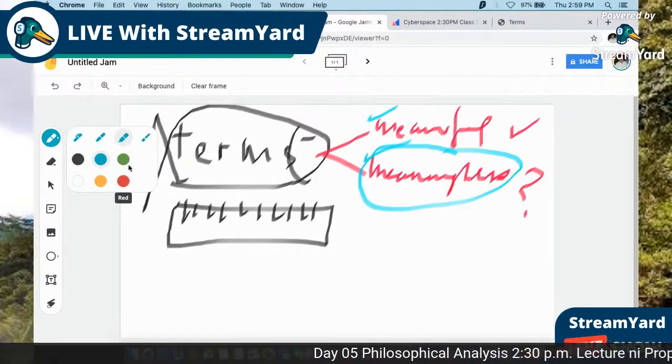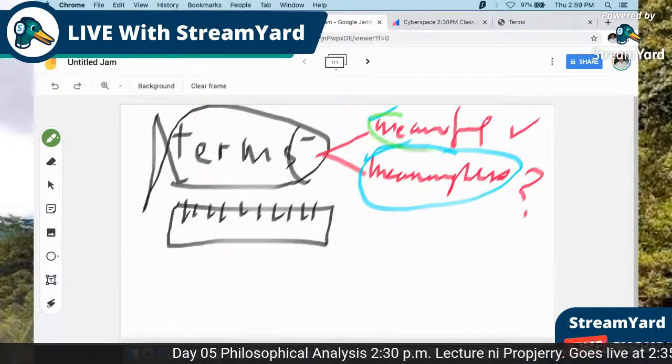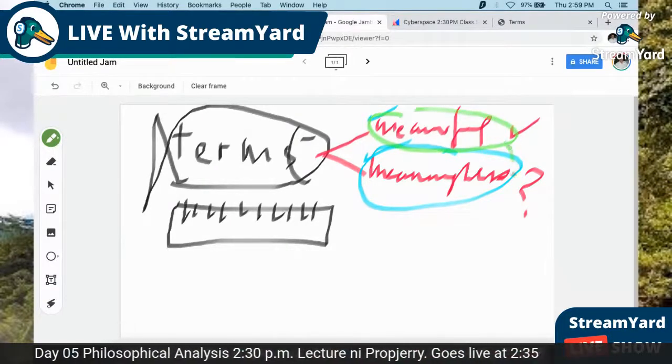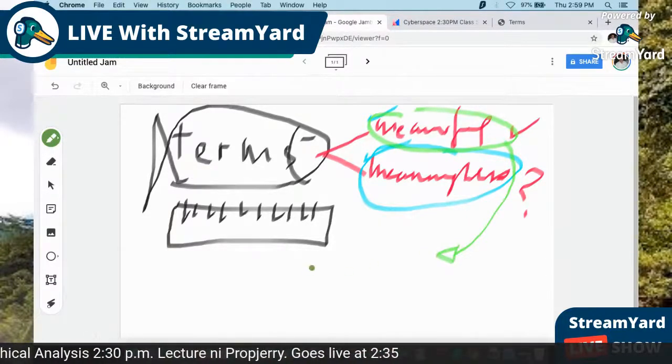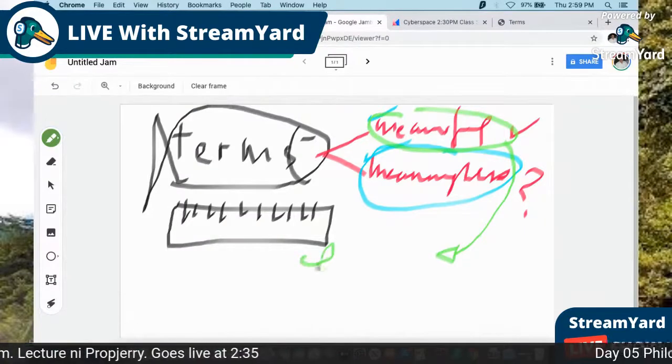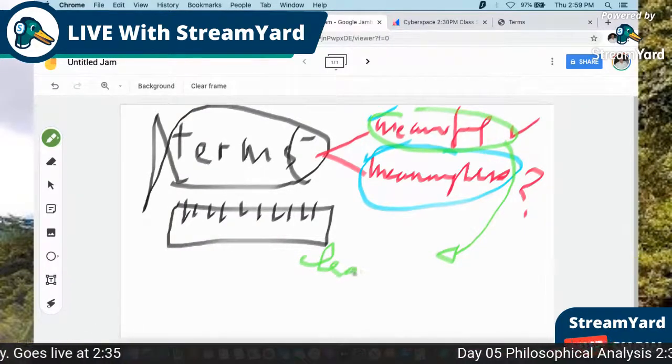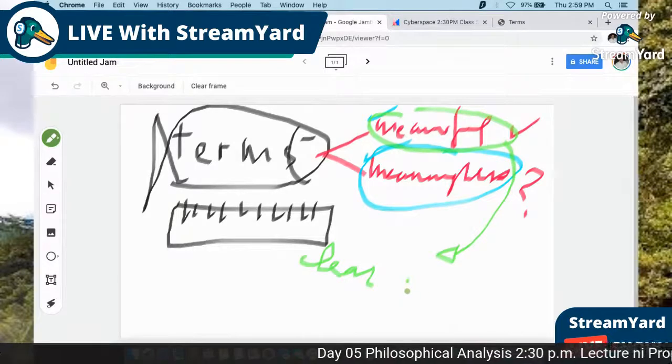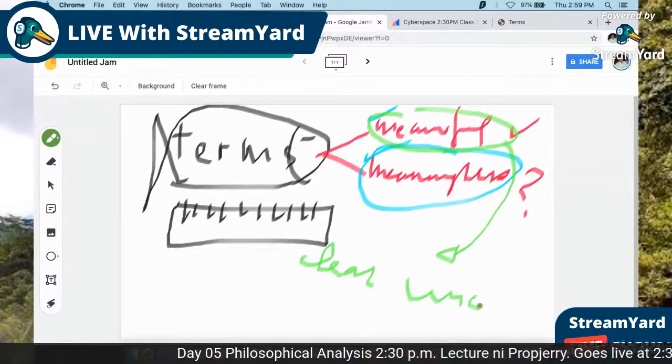All right, supposing your term is meaningful, all right? If your term is meaningful, then we have another question. The question is, is the meaning clear or is the meaning unclear? All right?